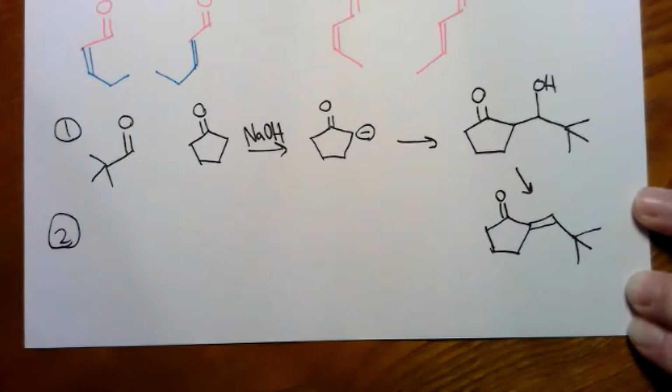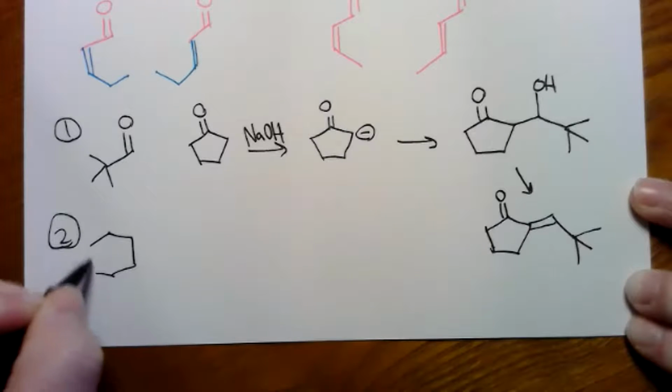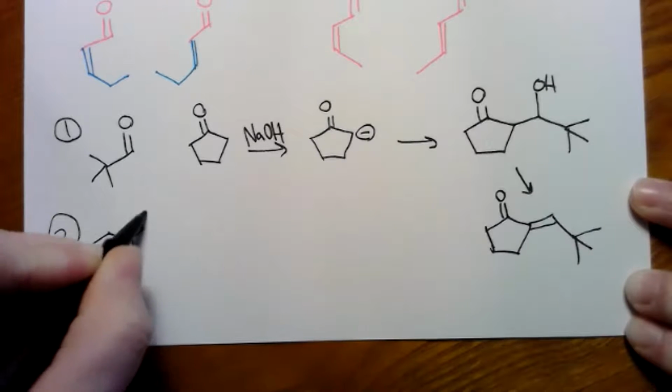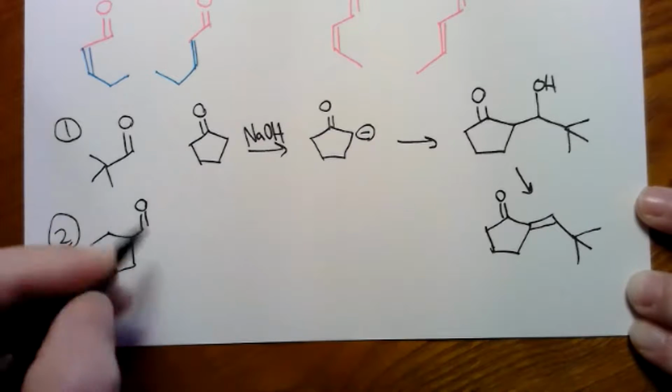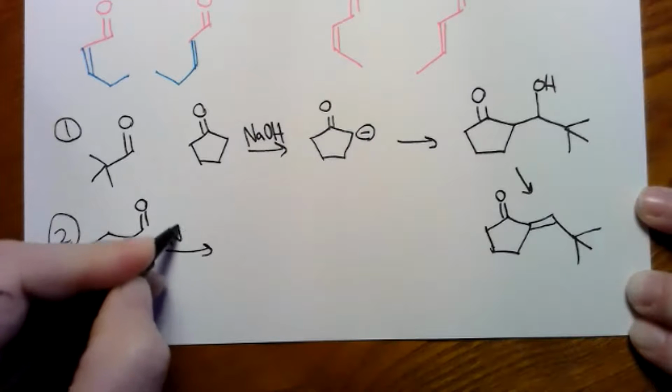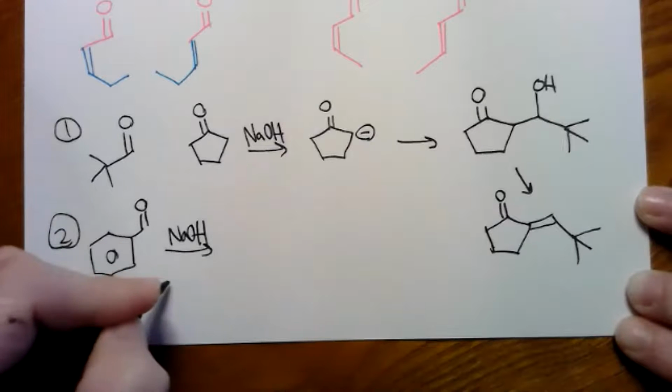Method number 2 to help control a crossed aldol says, place an aldehyde with no alpha hydrogens in base, and slowly add an aldehyde that has alpha hydrogens.